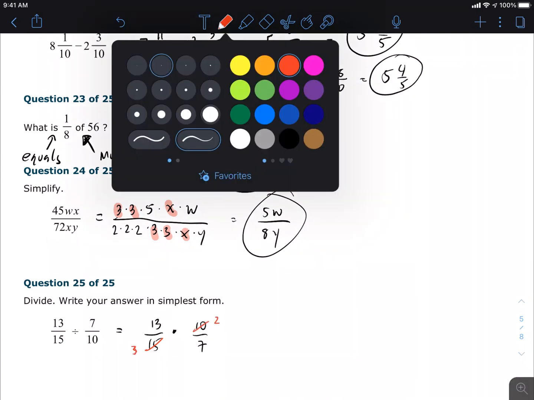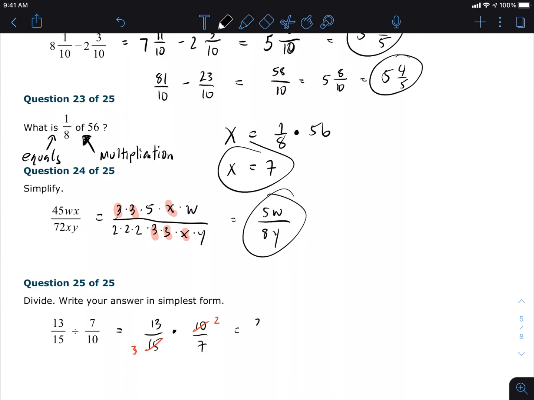That should become a 2. And we should get 26 over 7, or, over 21. I almost forgot the red 3. And that's my answer. And that's your exam in a nutshell.